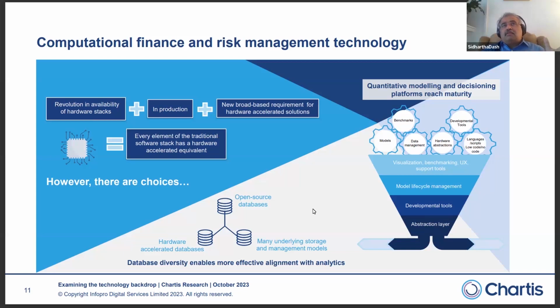A lot of this revolution in the hardware stack, i.e., growth in GPUs, is heavily in production these days. After all, GPUs are being increasingly levered in AI applications, in Gen AI applications, in text analysis, in statistical frameworks, in a wide range of environments. However, we often ignore the broad range of hardware accelerated solutions that are available.